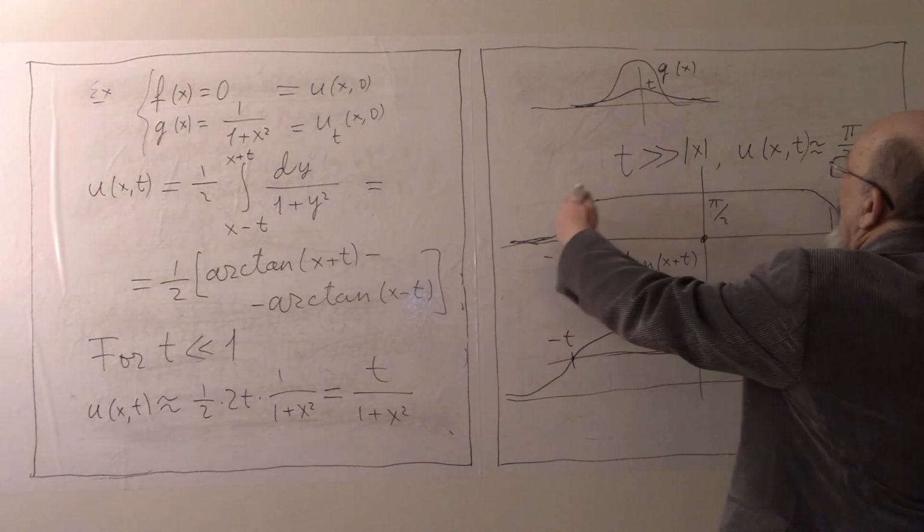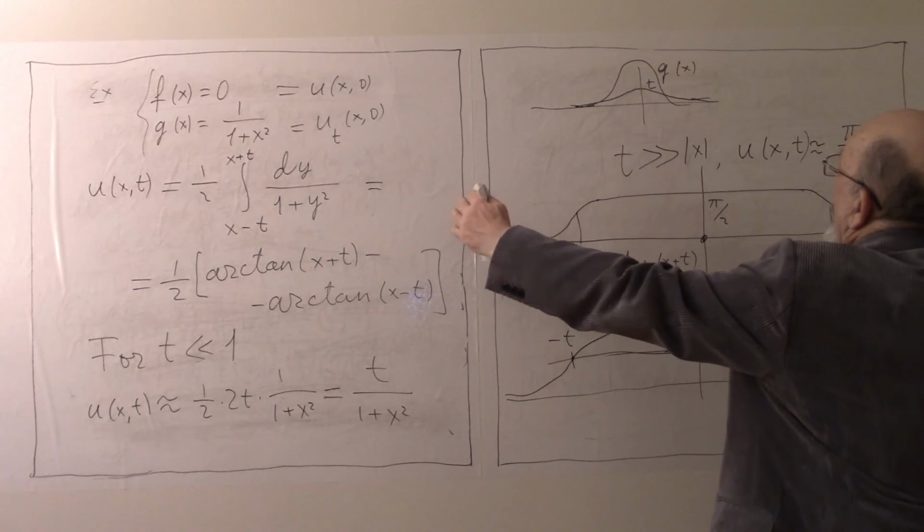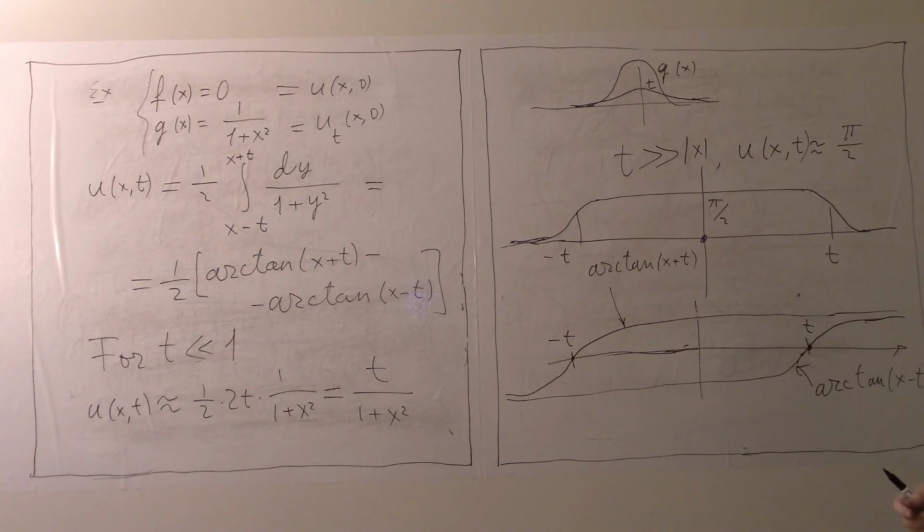And this domain is spreading over the whole line. So it is another typical behavior of solutions of the string equation.